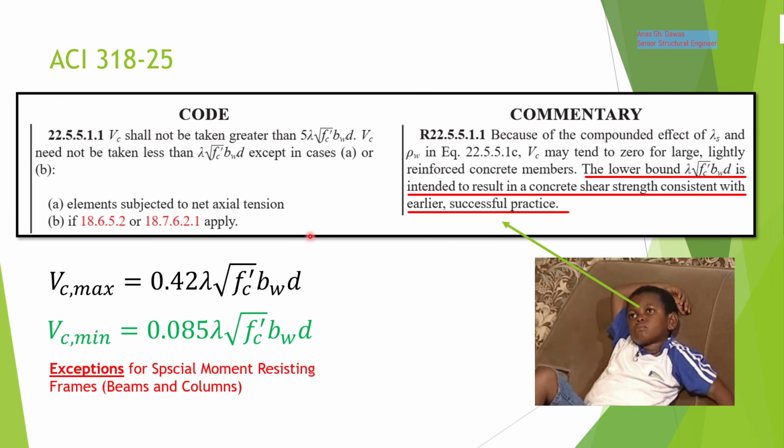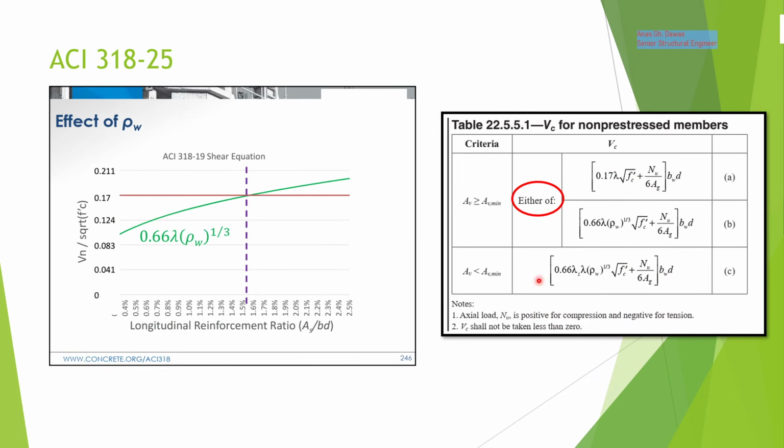Okay, now in ACI 318-25, here I will go back to this. In fact, this equation, I will say, made a lot of issues for the practicing engineers in the market, and we have provided a lot of shear link reinforcement. In one of the projects, I remember that we provided more than 700 ton of reinforcement to provide the minimum shear reinforcement for the raft of a tower. That tower was around 100 floors in the sky.